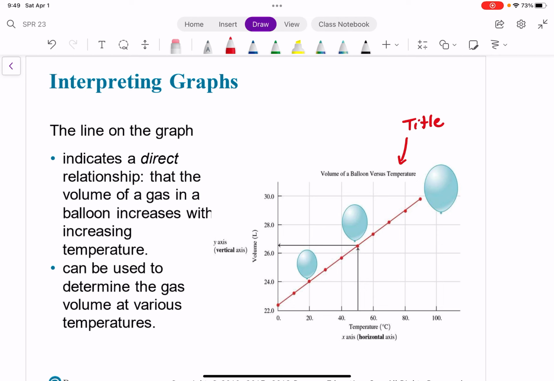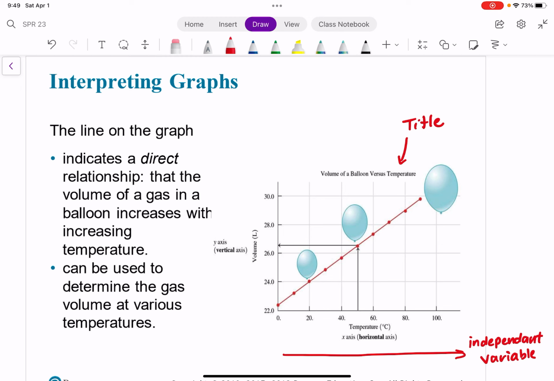So this x-axis is actually what's called our independent variable. And you'll hear this term if you take biology as well, physics. Lots of sciences use graphs to show their data.